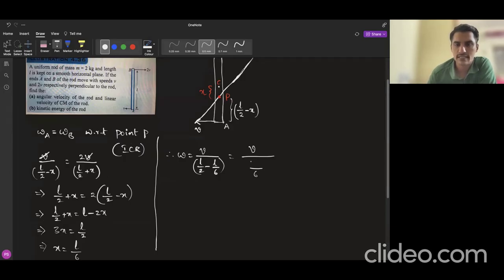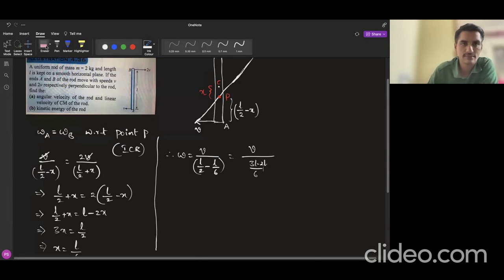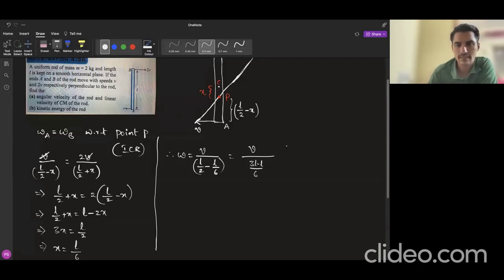So 3L minus L, divided by 6, which is equal to 2L by 6, which is equal to L by 3, right?